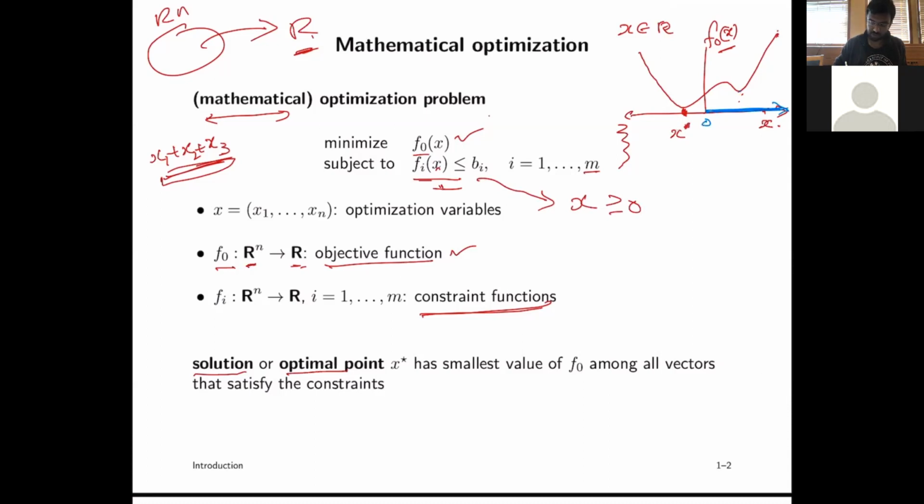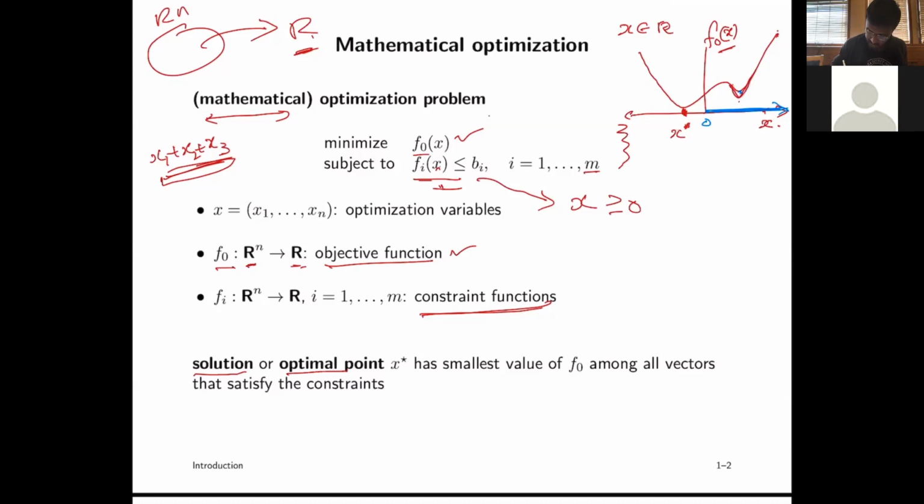Maybe I wanted to say x greater than 0, then we can remove 0.